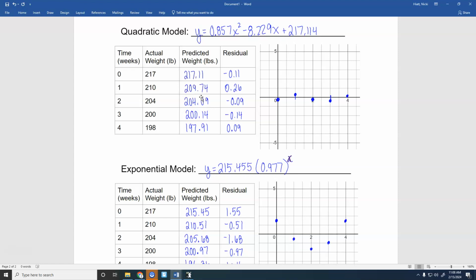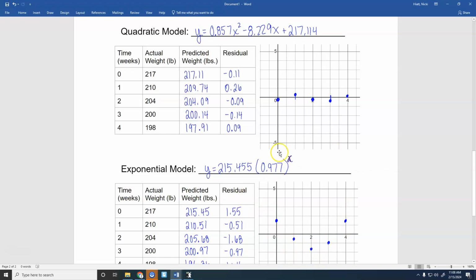There is also one other thing we want to see in a residual plot that happens on the quadratic model, but does not happen on the exponential or the linear model. If I look at this residual plot, what does it kind of look like I've got going on here? It's concave up. I've got like a pattern, right? It almost looks like a quadratic right there.